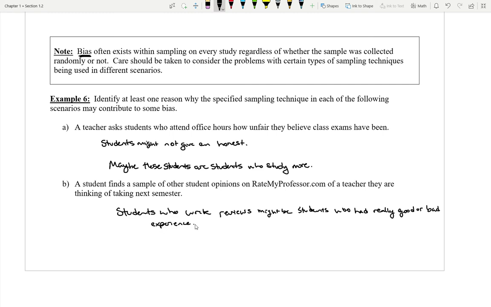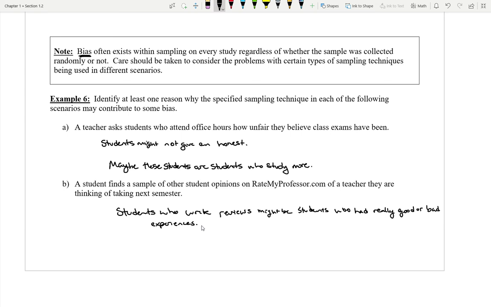If you really loved a professor, you were like, this is the best professor ever, you might go write a comment. If you hated them, if you're like, this is unbelievable, I need to slam this professor, you might also go write a comment. But if you're the person who's never written a comment on Rate My Professor, maybe it's because you just didn't really feel the need to. And so your voice as that kind of neutral-ish person, the person who didn't think it was important enough, might not be represented there.